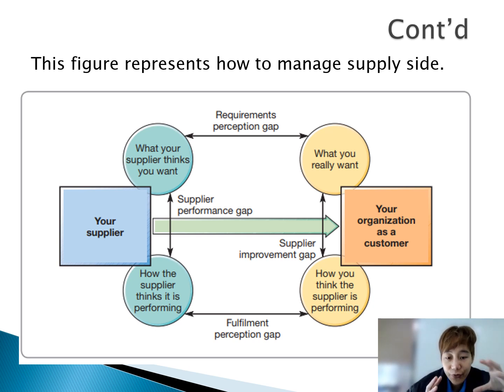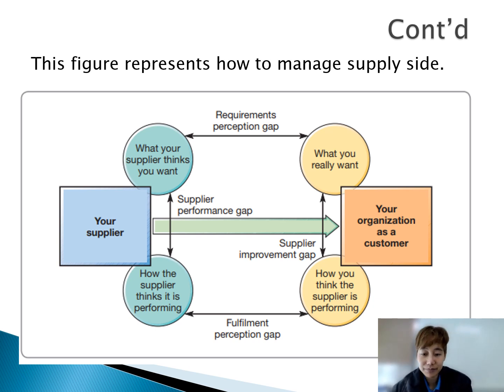What needs to be fulfilled more? The actual performance. Because when you think about your supplier, you have to know what you want and compare it with what you get and see the gap between them. Supplier performance. Okay. And now when you get everything from your supplier, you do the operation in your company, right? In order to serve the need or want of your customer.